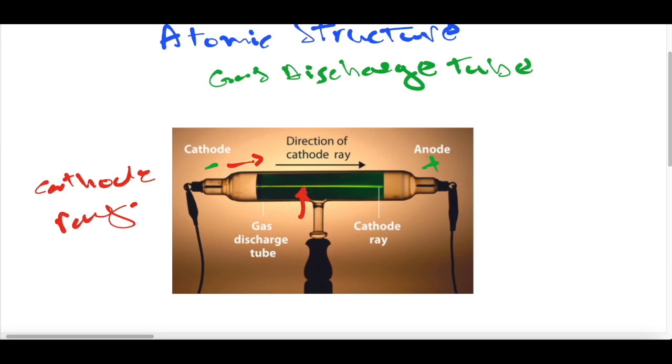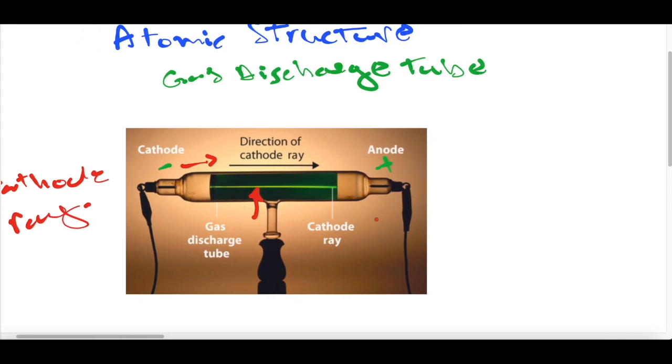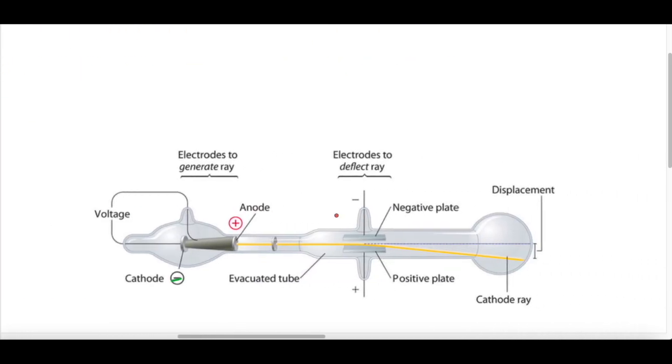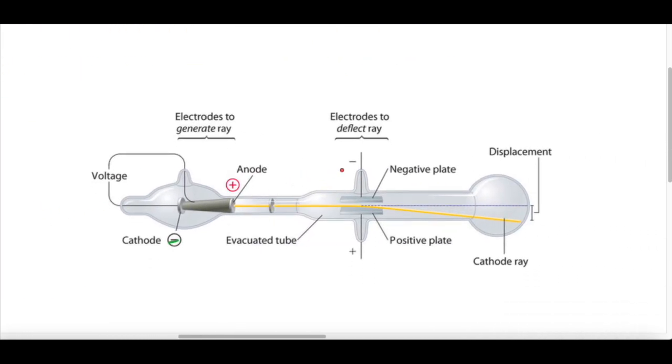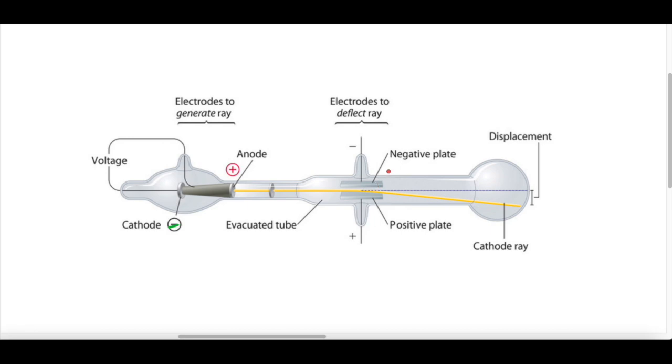Now this light also could be deflected. How? By the application of electric fields, as in this experiment. So we have the same experiment, but we added two plates. We applied a potential difference between them. So one plate was negatively charged and the second plate was positively charged.